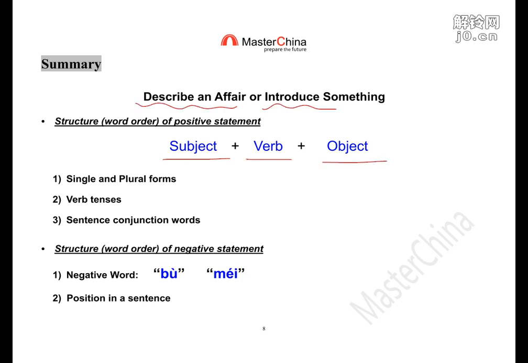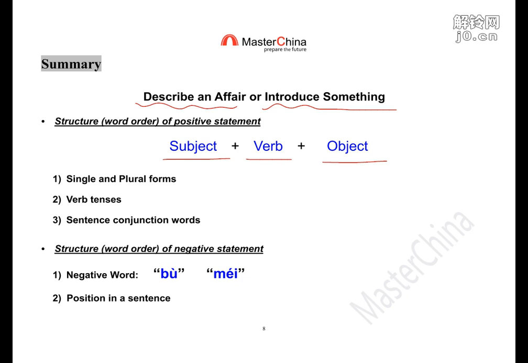In last class, I mentioned how Chinese people deal with the single and plural forms in the sentence. We have the general description, needn't stress the number, and if you want to stress how many, how much, you must translate the number. Otherwise, you needn't translate a, an. Then verb tense. All the sentence we will practice until the lesson of the times.